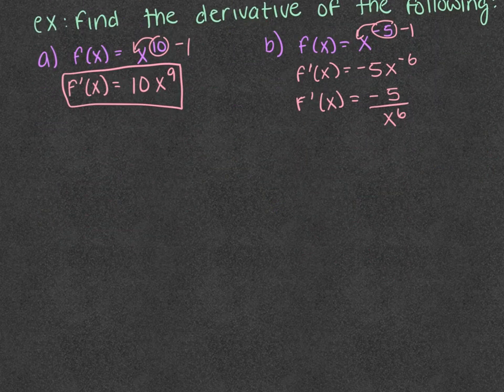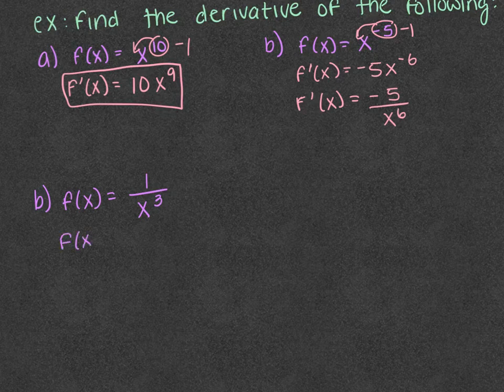A few more. What if we have f of x equals 1 over x to the 3rd? Like we kind of just talked about, we can rewrite these. We always want everything in the numerator if possible, so I can rewrite this as just x to the negative 3.